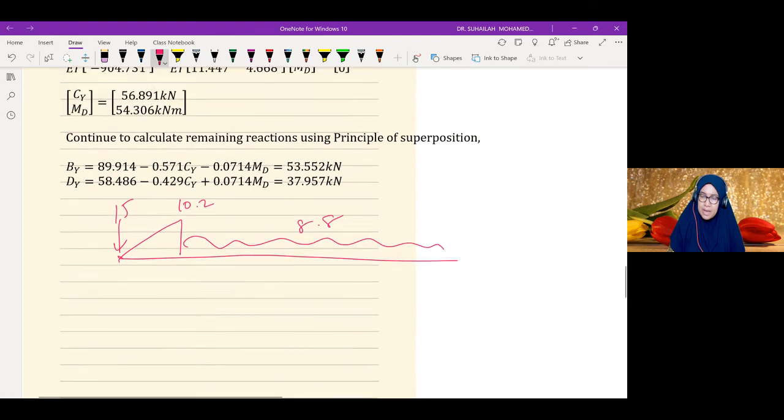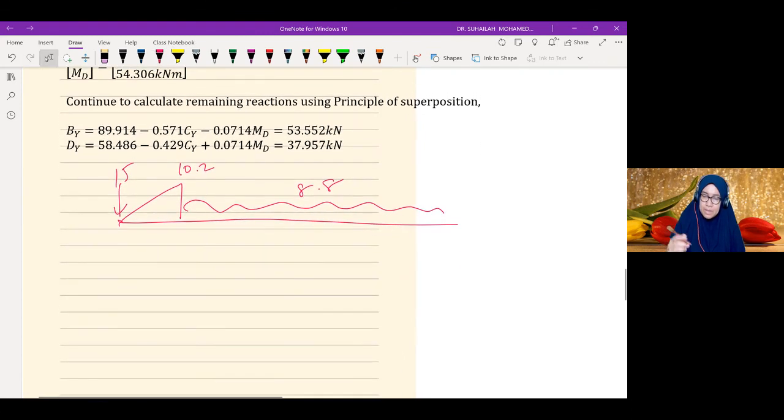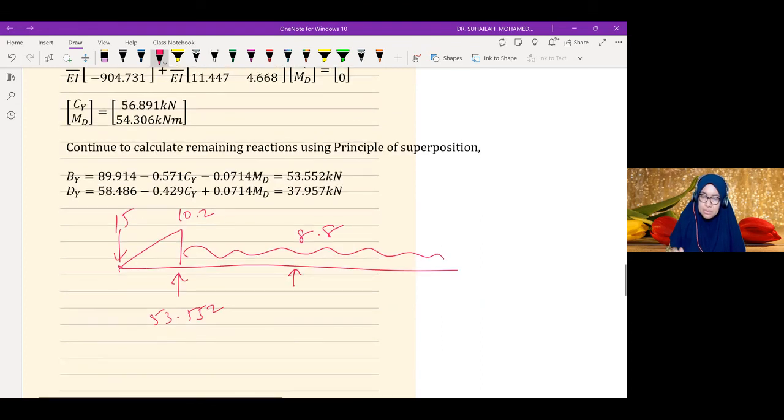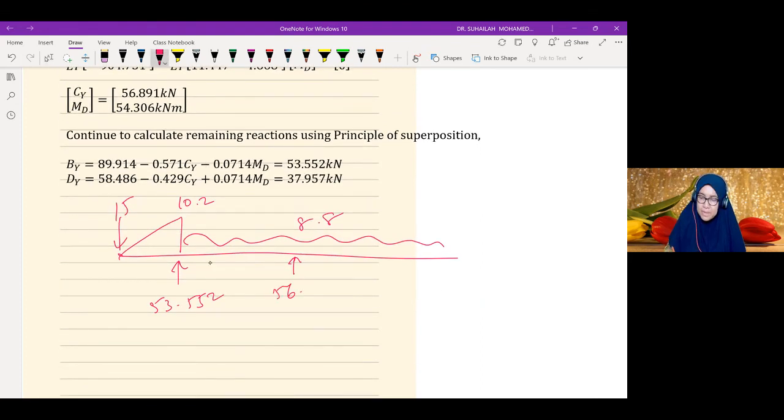We have BY equal to 53.552, CY equal to 56.891, DY equal to 37.957, and the moment equal to 54.306. The distances are 2 meter, 6 meter, and 8 meter.